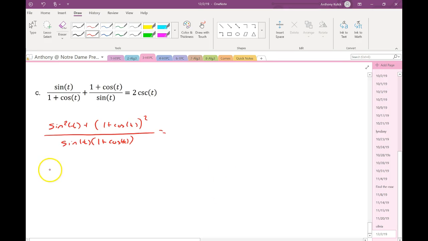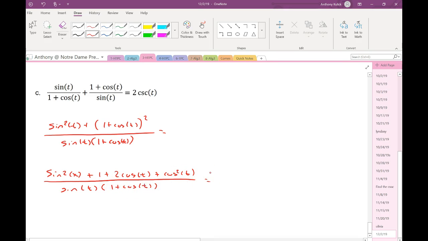Let's FOIL out that 1 plus cosine t. No, not yet.